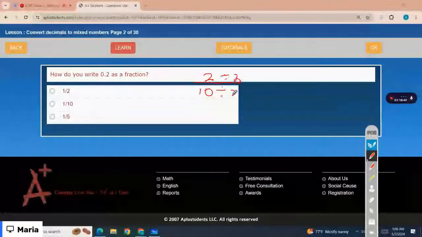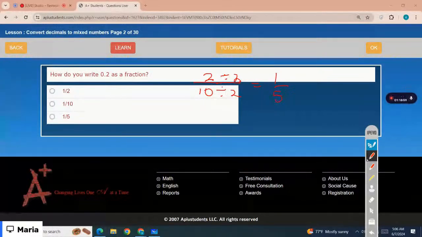So 2 divided by 2 is 1 and 10 divided by 2 is 5. The correct option is 1 by 5.